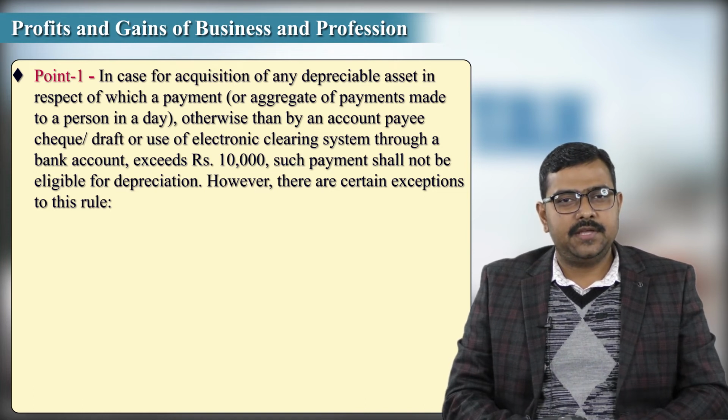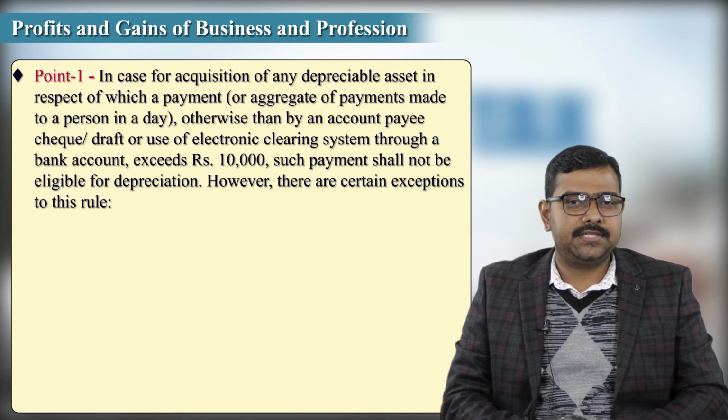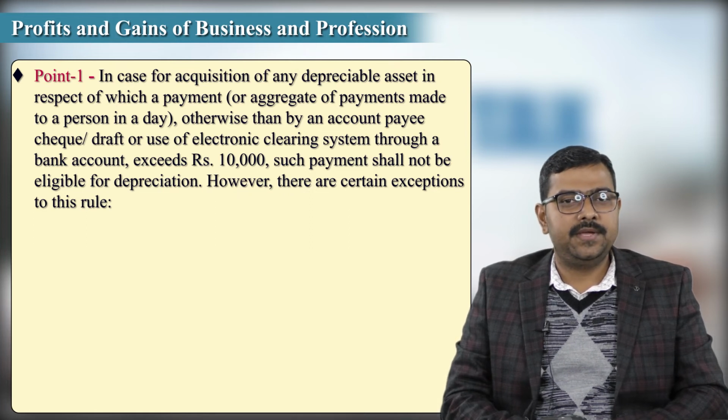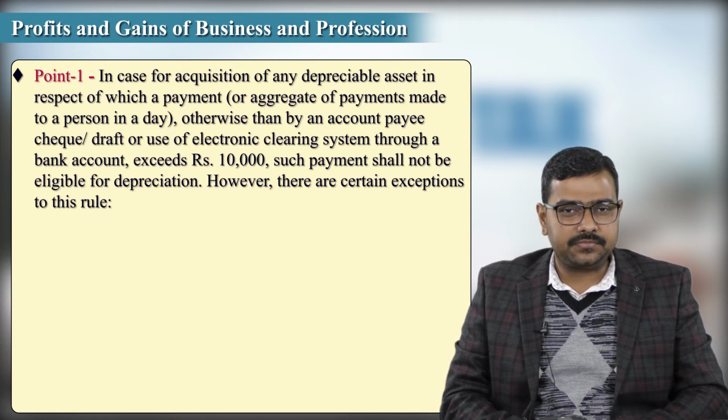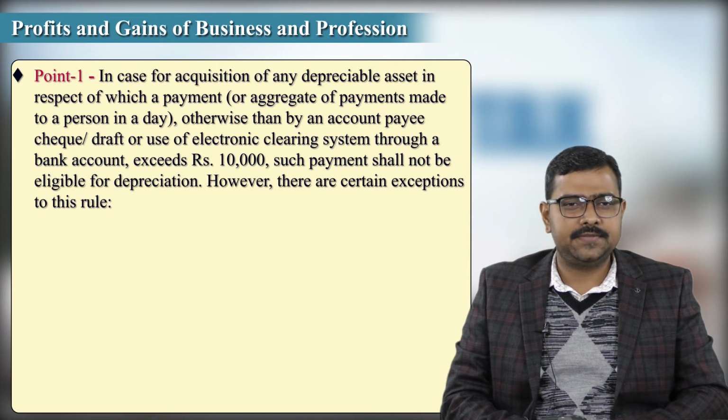So that means if you are making payment in cash which is more than 10,000 in a particular day for purchasing the asset, then depreciation shall not be allowed for that amount. So this is to promote online transaction, or to promote payment through banking channels.